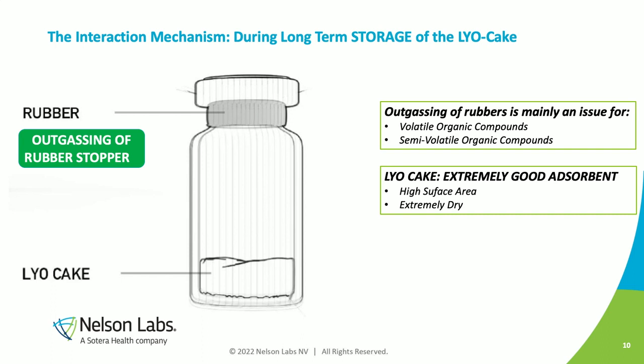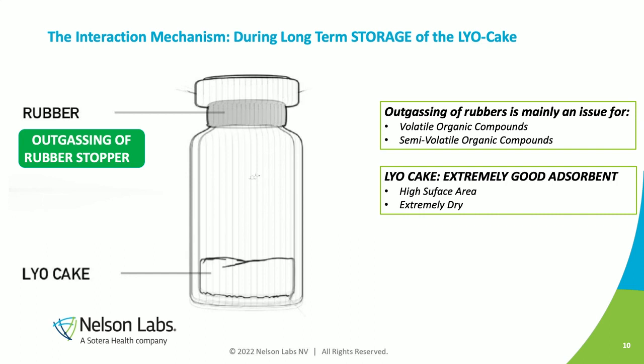The lyo cake is at the bottom of the vial and the rubber stopper is at the top of the vial. If you think that the interaction can happen only through direct contact, you might want to conclude that there is no interaction happening at all. But this is not the case.